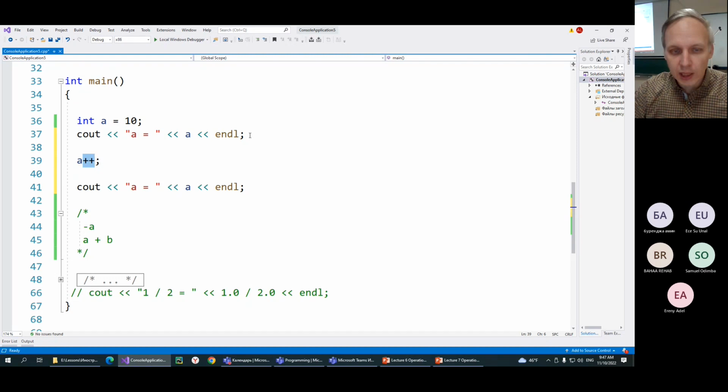A++ adds 1 to the variable A. And after the operation, A will be 11.